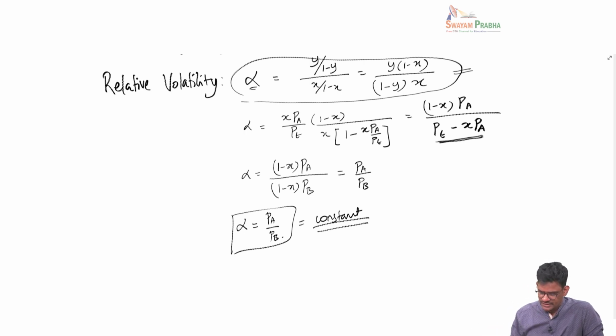So I take the inverse of this. So I get 1 by alpha is equal to (1 minus y) by y times x by (1 minus x).